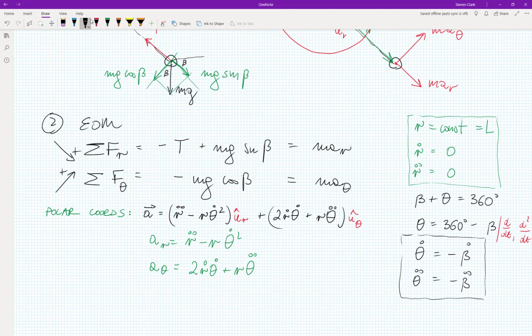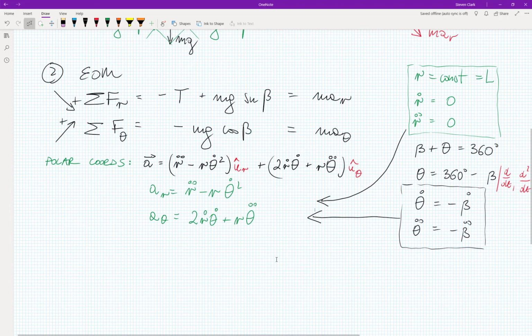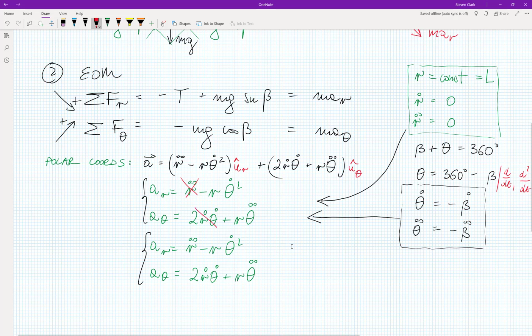I would like to plug information from the green box and black box in here. Okay, and I will end up with such expressions. First of all, I can get rid of this expression and this expression, so I can actually erase it.